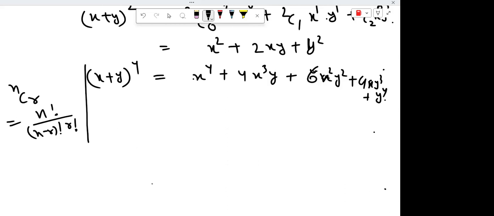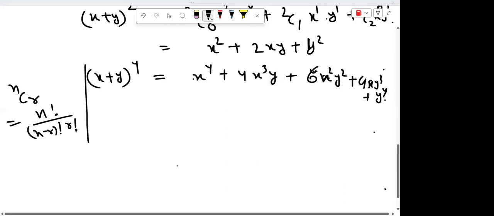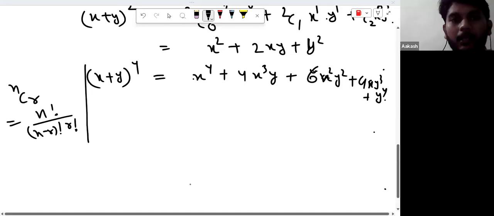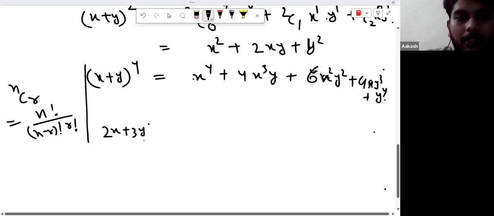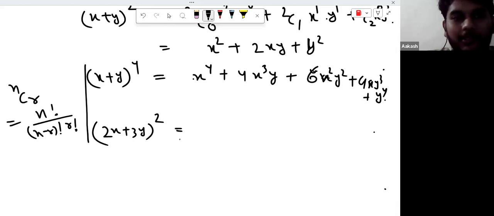All right. Now remember this. x and y do not have to be alone. We can have this also, 2x plus 3y to the power 2. So the identity is applicable in this also. Just write 2x instead of x.